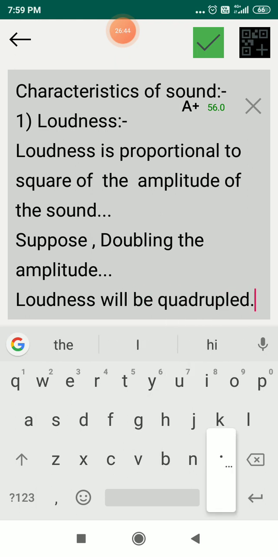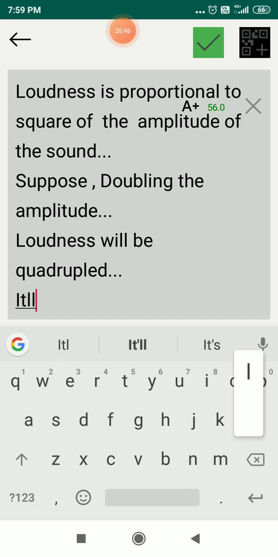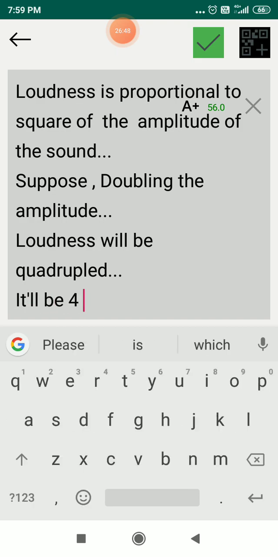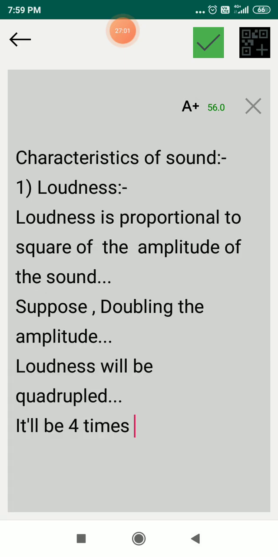Quadrupled means it will be 4 times. So if you just double the amplitude, the loudness will be 4 times. That means however much you increase the amplitude, the loudness will be more.